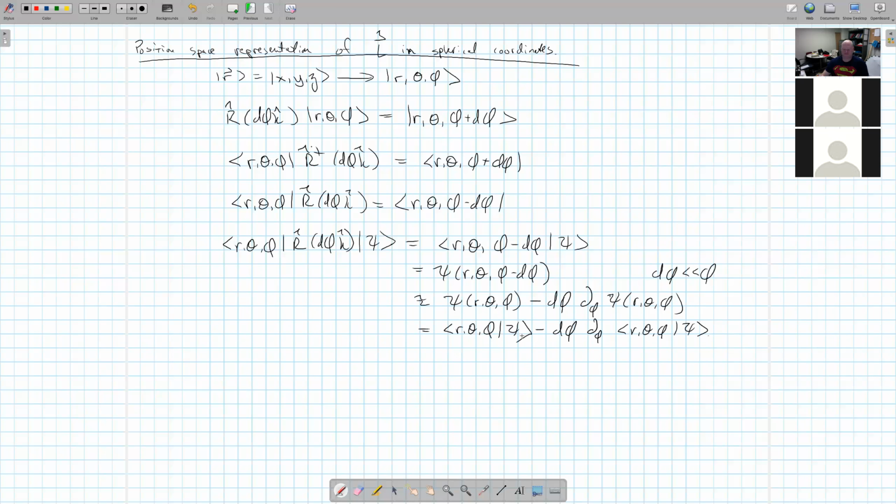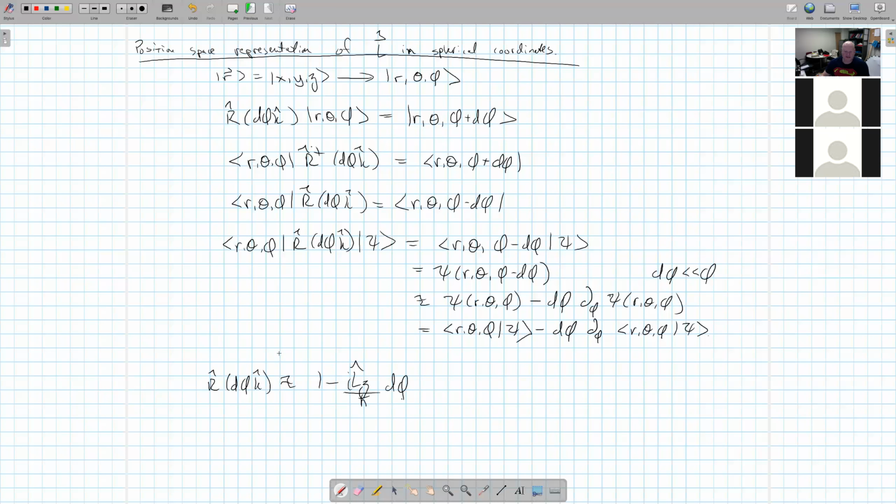There we go. Now, why am I doing this? Well, remember that for small deviations of the angle phi, R of d phi k hat is approximately equal to 1 minus i Lz divided by h bar times d phi. Okay.